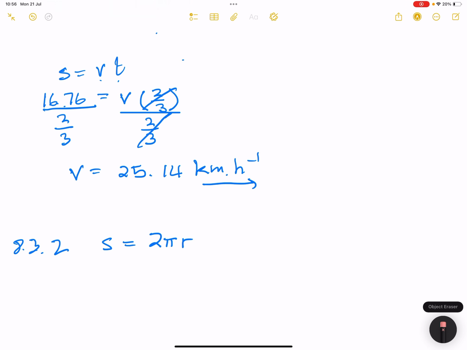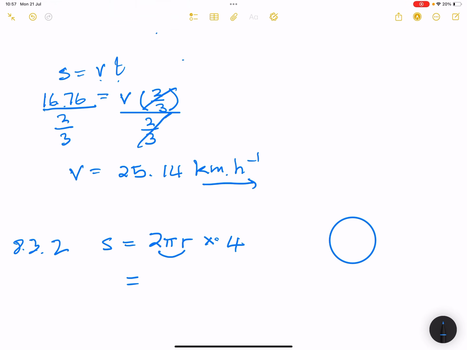But we're not given the distance. Once again, we are just simply given, that's 2 pi r, but that's multiplied rather by 4. So this is just 1 revolution if we say 2 pi r, but if we have to do that 4 times, I'm going to multiply that by 4. So 2r, you remember I said that's the diameter.